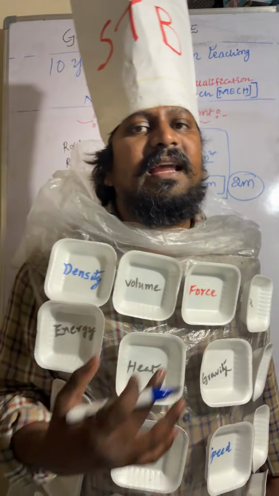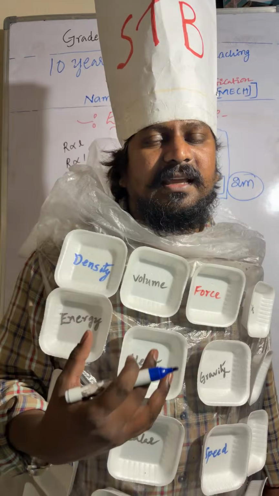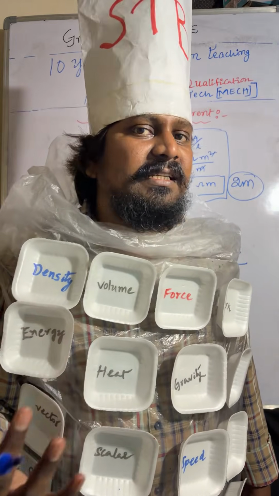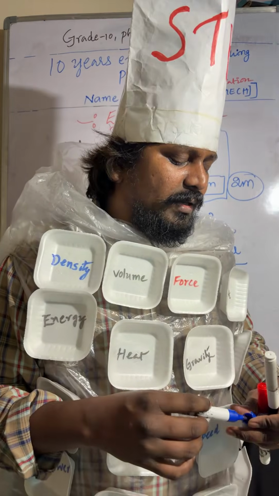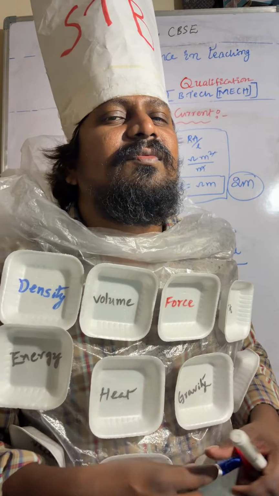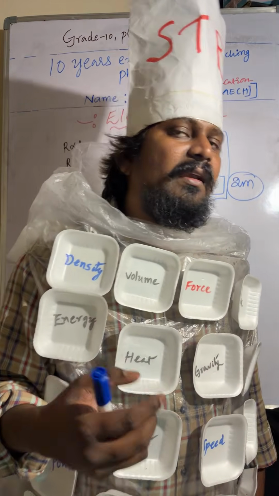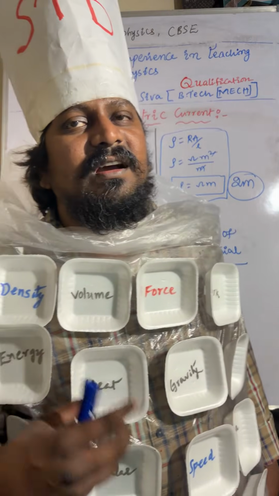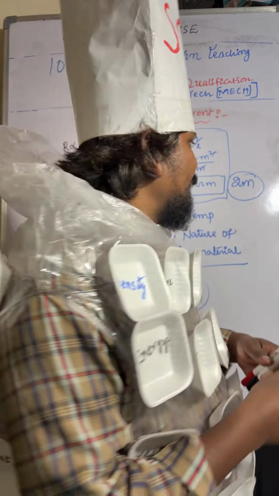And one more, write the SI unit of resistivity. And one more point, resistance we know is the phenomenon of opposing the electric current in the circuit. What about resistivity?